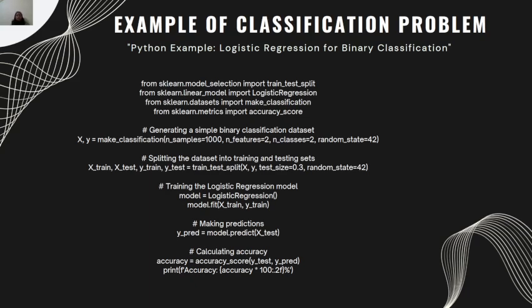In this example, we generate a synthetic binary classification dataset using sklearn.datasets.make_classification, train a logistic regression model on the training set, and evaluate its performance on the test set using accuracy score. So that's it for the classification example.